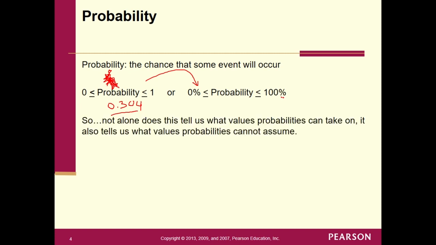Now, not alone does this tell us what values probabilities can take on, it also tells us what values probabilities cannot assume. If probabilities can only go from 0 to 1, probabilities cannot be greater than 1, nor can they be negative. So if you calculate a probability that's negative, you made a mistake.